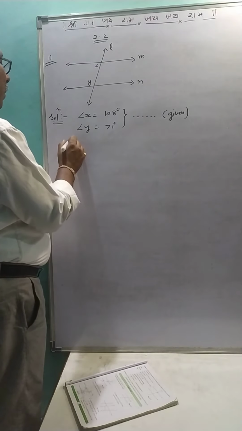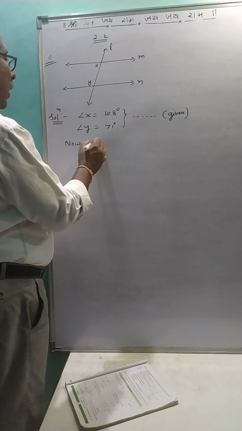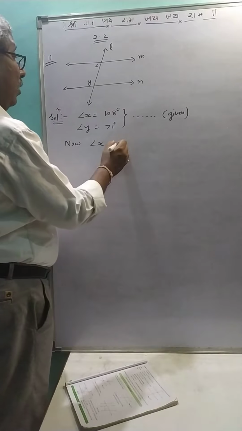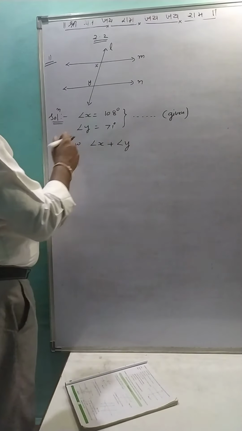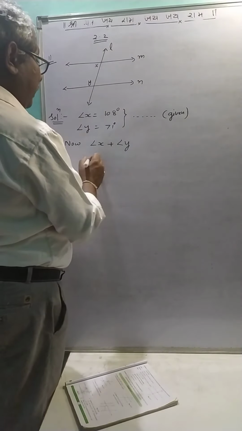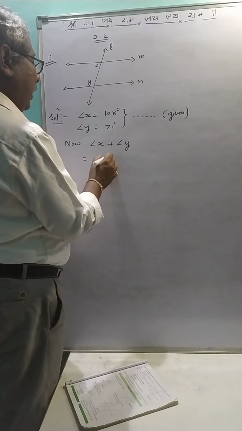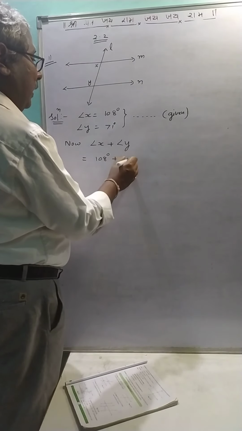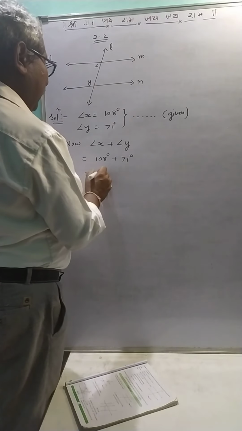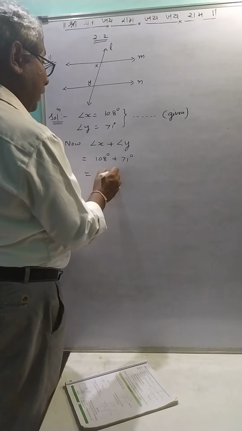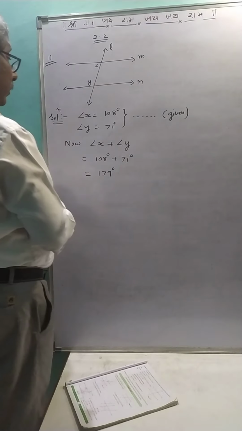Now angle x plus angle y, we are adding this angle x plus angle y, that is 108 degrees plus 71 degrees, that is 179 degrees.